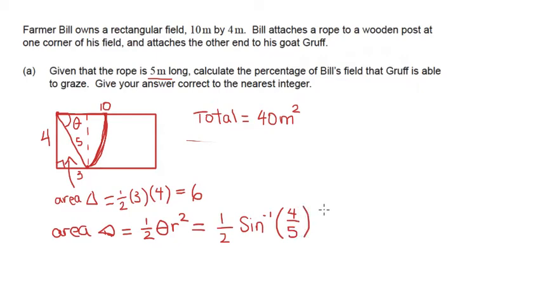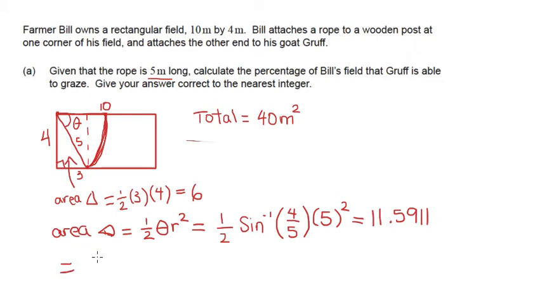And your radius of that sector is 5. So you got 5 squared. And plugging that into your calculator, I'm just going to round it to 5.9. Why not? Let's keep going. 11.5911. So that's the area of the sector.